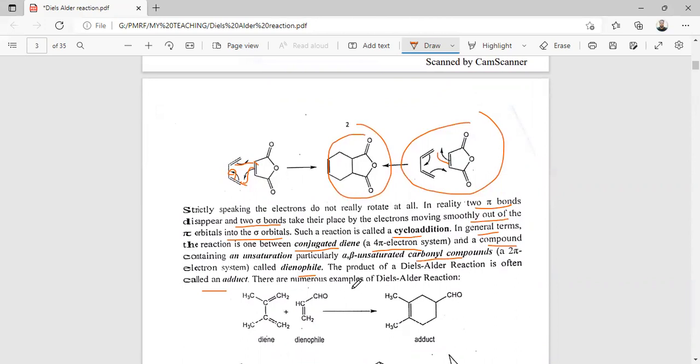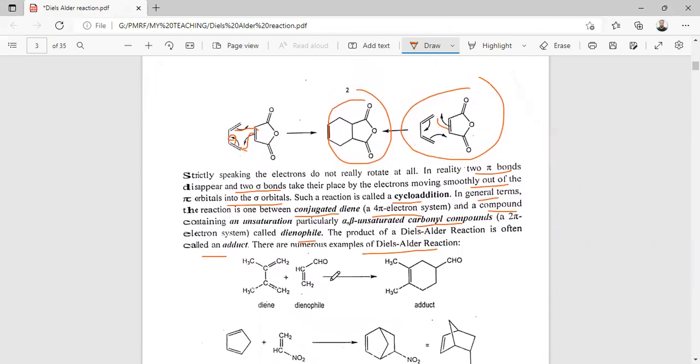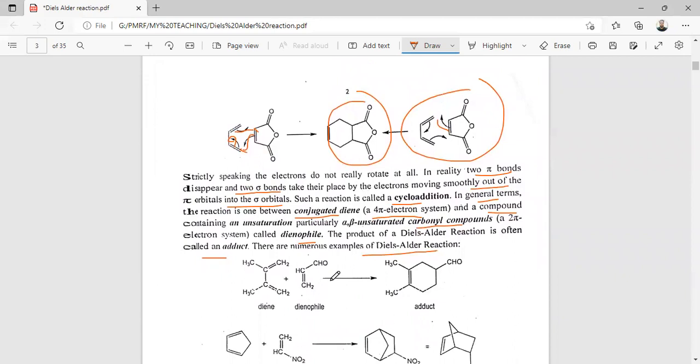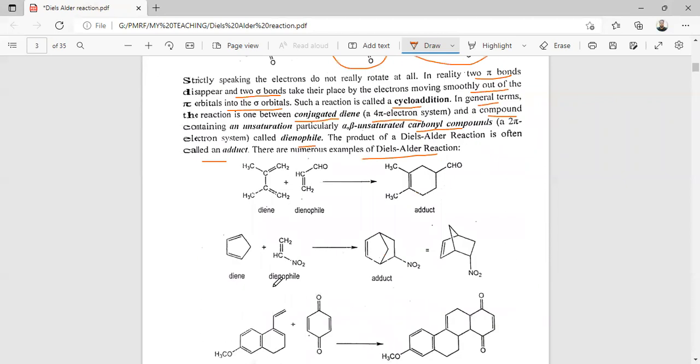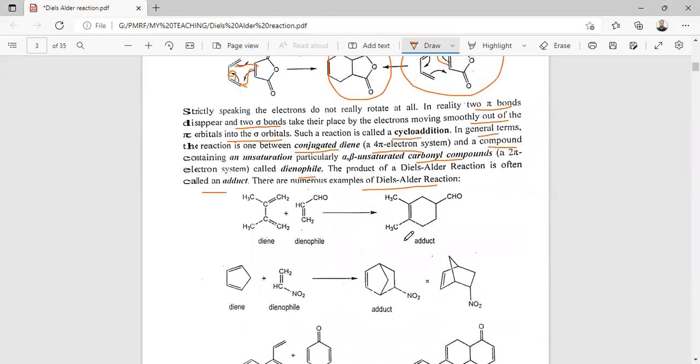So this is an example of the Diels Alder reaction. In the Diels Alder reaction, there are two substrates, one called the diene, which is a 4 pi electron system, and another, the dienophile, which is a 2 pi electron system. These two substrates react together to form an adduct. This is the classic example of the Diels Alder reaction.